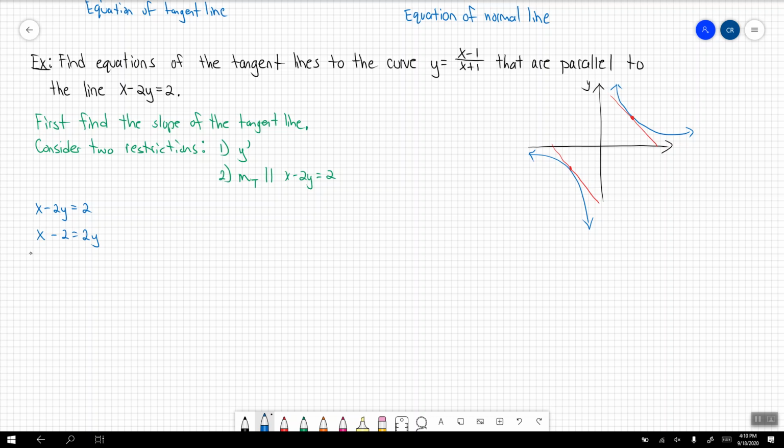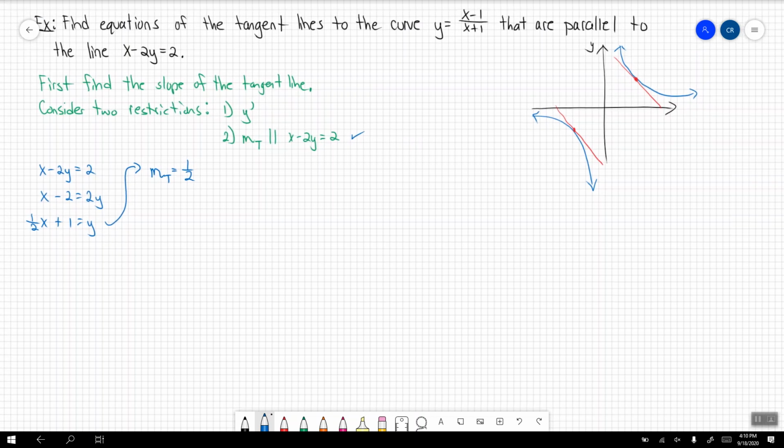Divide by 2, and we get 1/2 x minus 1 is equal to y. Parallel lines have the same slope, so the slope that I will be using is going to be 1/2. In that particular instance, we found the second restriction.